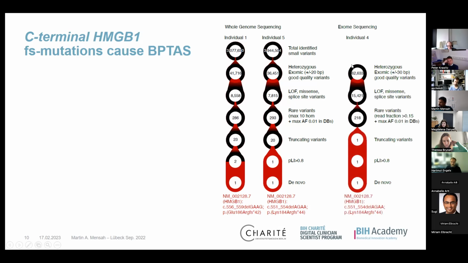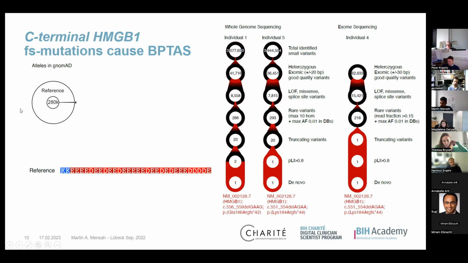Individual 4 received exome sequencing, and there again, we saw only a single variant that met all these criteria, and that was HMGB1.